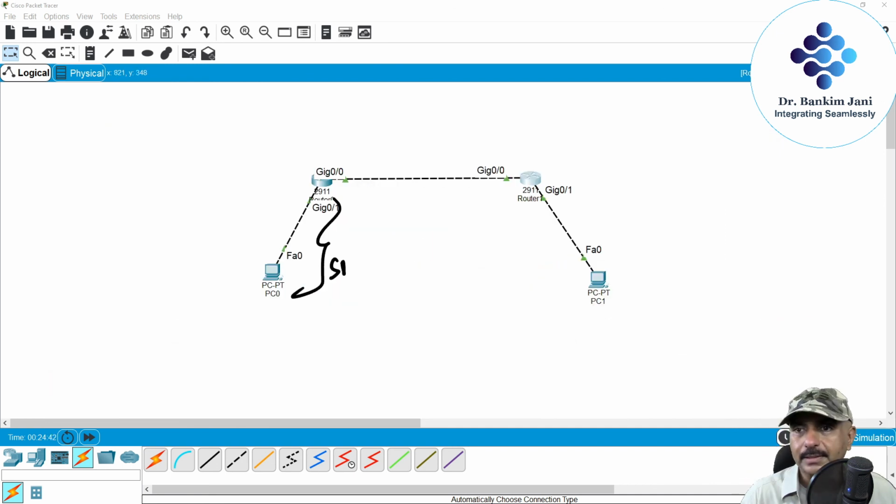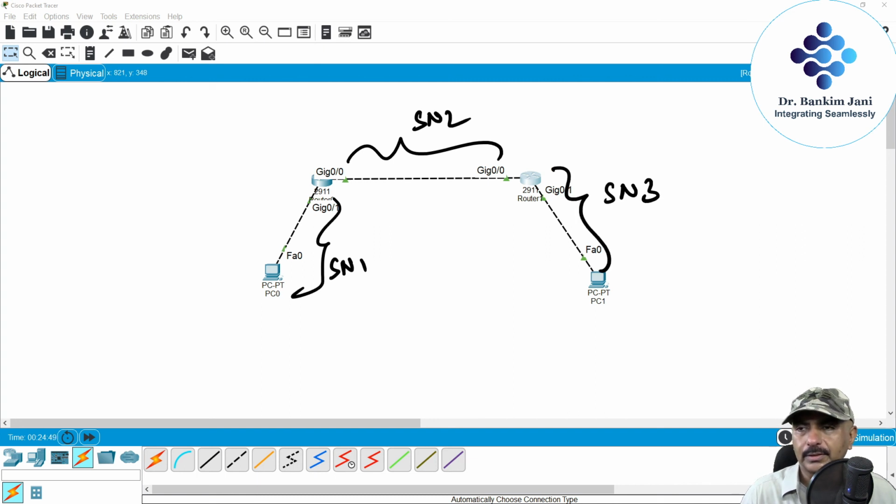This is subnet 1, this is subnet 2, and that's subnet 3. So in that case there won't be any communication between any of them. A router will be keeping this subnet separate and this subnet separate. Similarly over here this router will be keeping this subnet separate and subnet 3 separate.